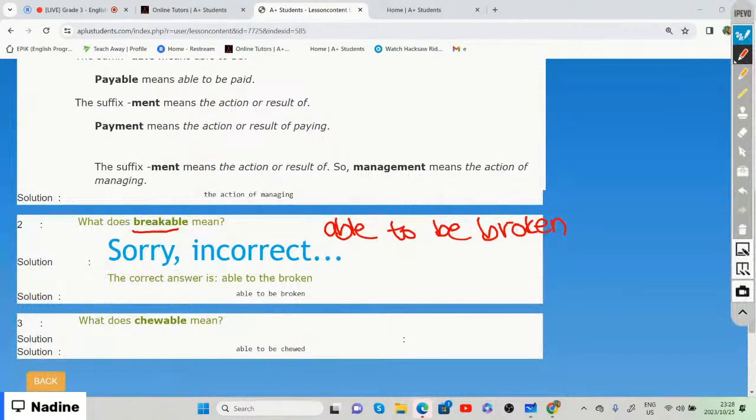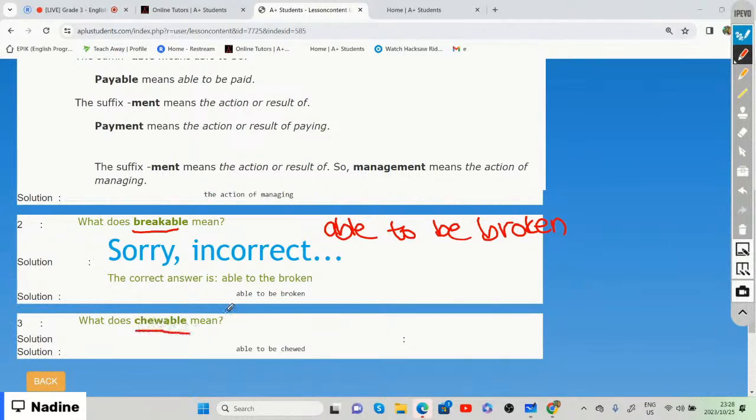It is breakable, meaning that if you throw this glass plate on the floor, it's going to break. It's a breakable plate. And then chewable.